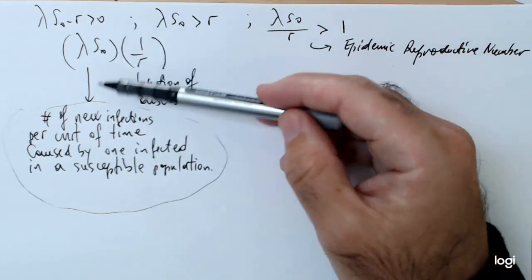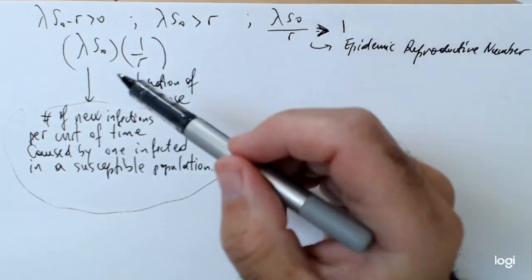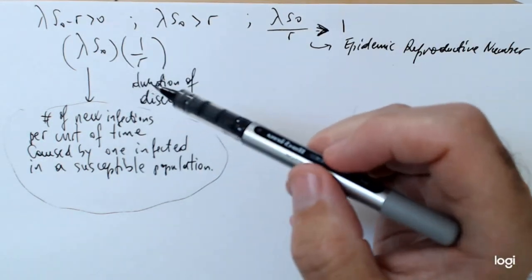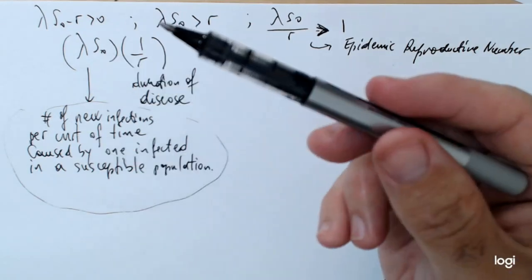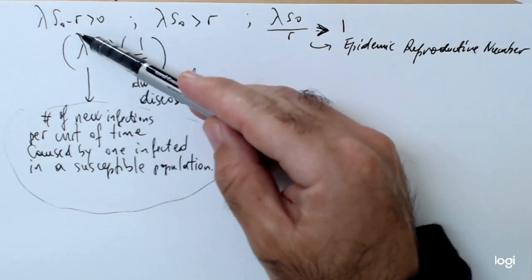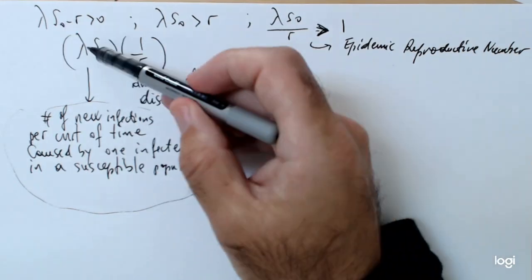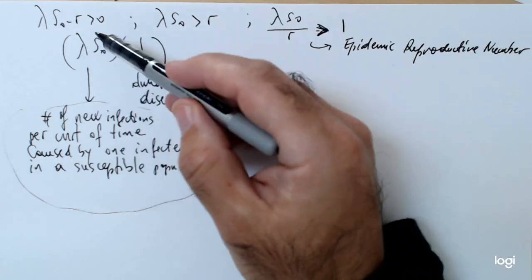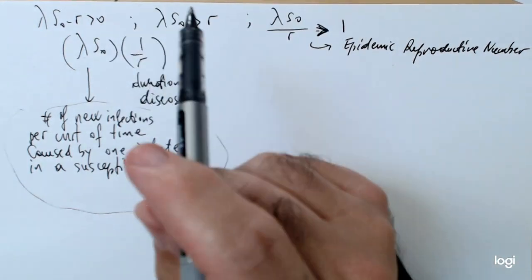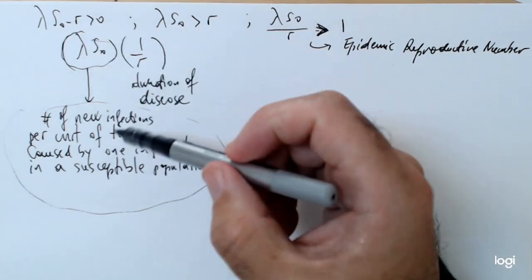So the meaning of that term that is compared to 1 is to say we have a typical infectious individual, patient 0 if you want, right? But we imagine otherwise a nearly susceptible population. Nearly everybody is susceptible in the beginning. And so this is the infection rate. So from the point of view of just one infectious individual, this quantity is how many new infections happen per unit of time.